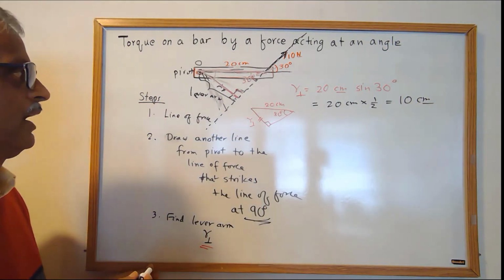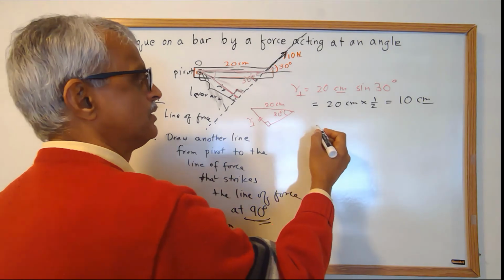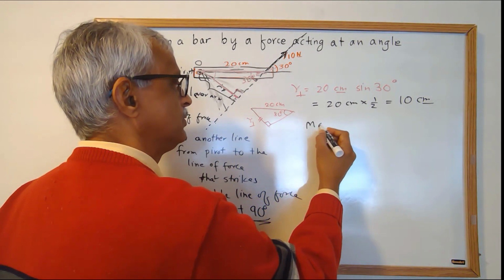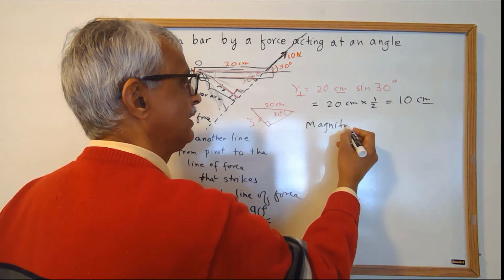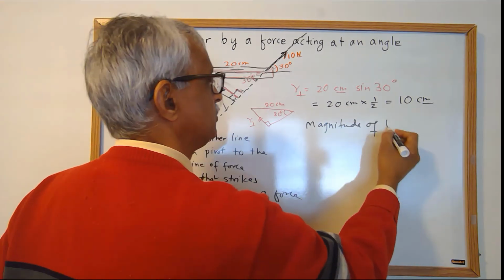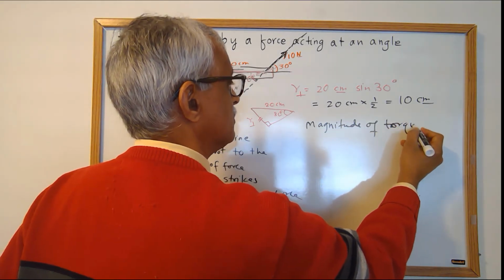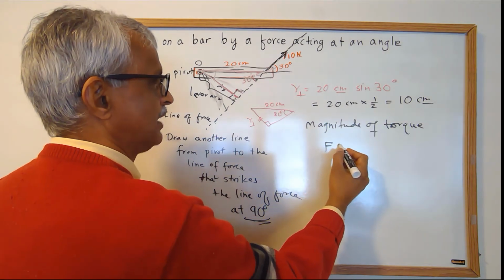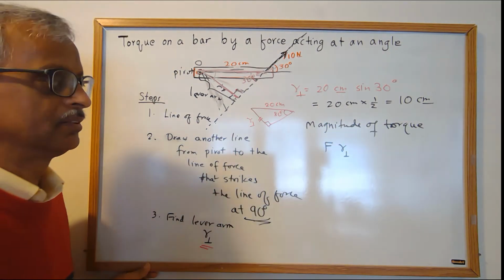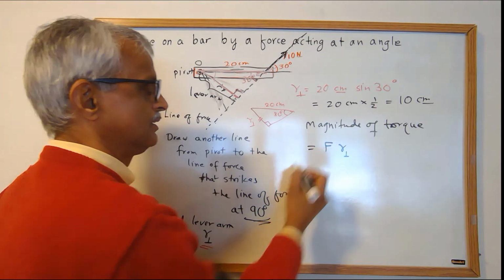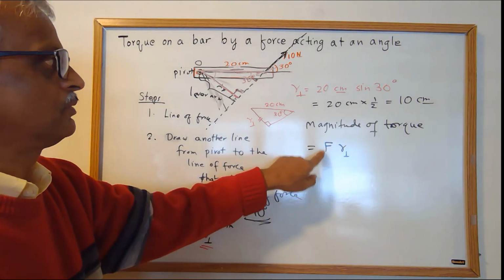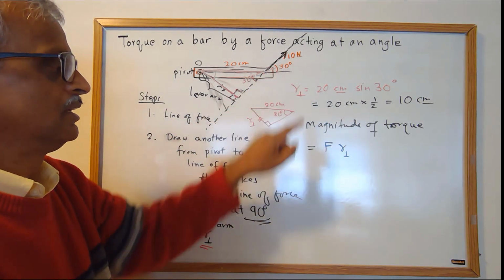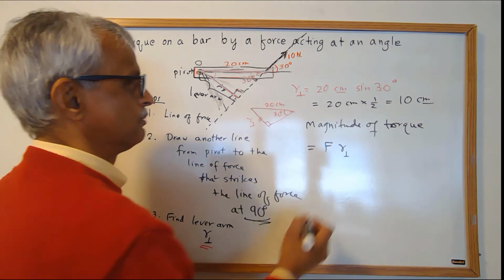Make sense? Now the magnitude of torque is just the magnitude of the force times the lever arm. The product is equal to the magnitude of the force, which is 10 Newtons, times the lever arm.